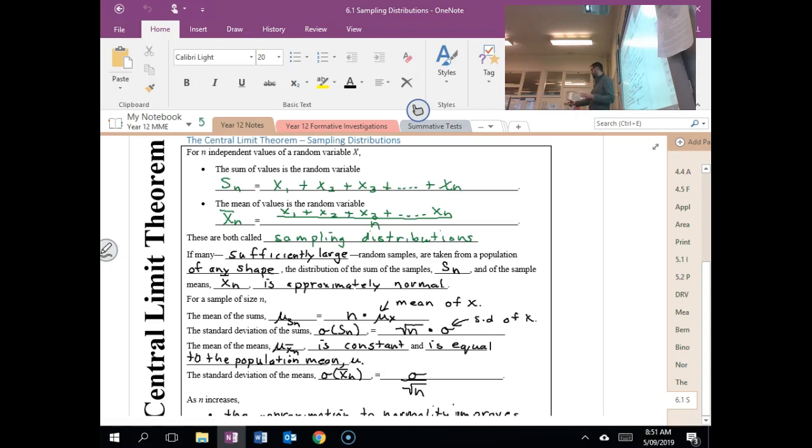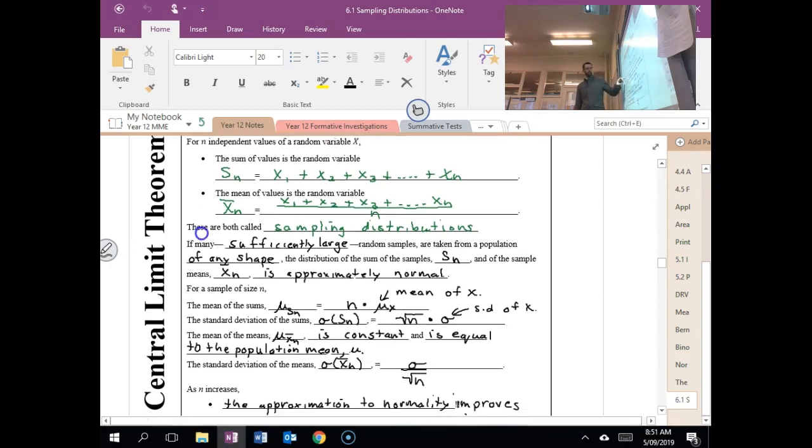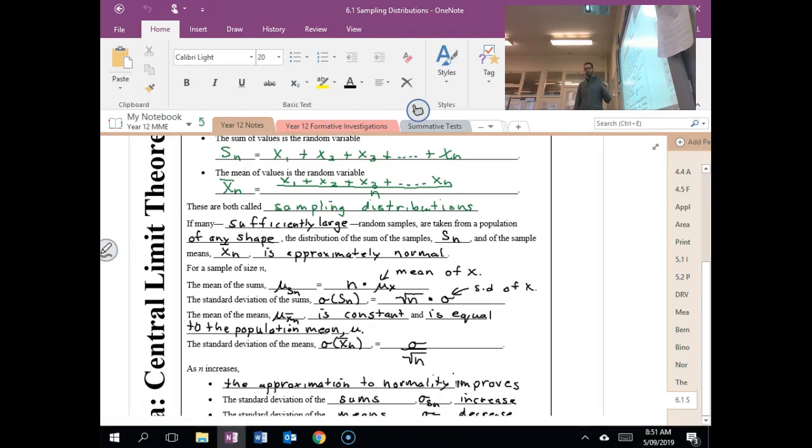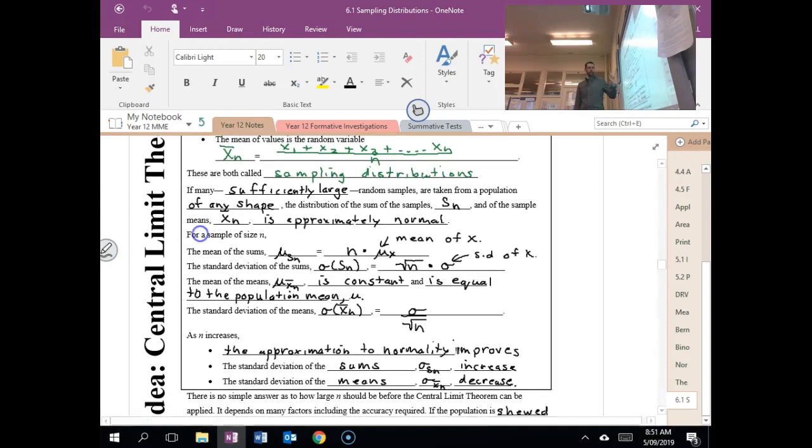We do that lots and lots of times, so we build up a distribution of sums or a distribution of means, and we find in both cases that if n is large enough, if my sample size is large enough, I'll get something that approximates a normal distribution. And that's regardless of the distribution of the population.